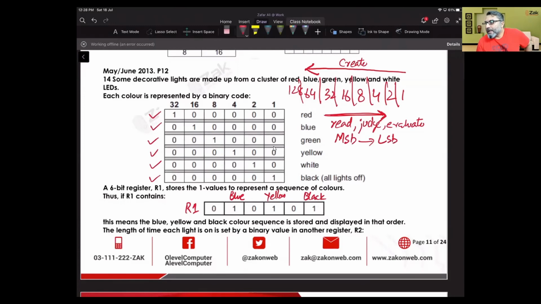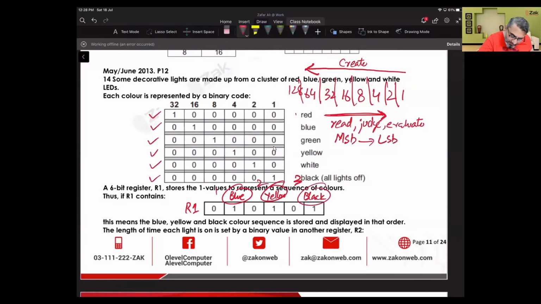It stores one value to represent the sequence of colors. So this is blue, yellow, and black. This means that blue, yellow, and black color sequence is stored, and remember the computer will read blue first, yellow second, and black third.